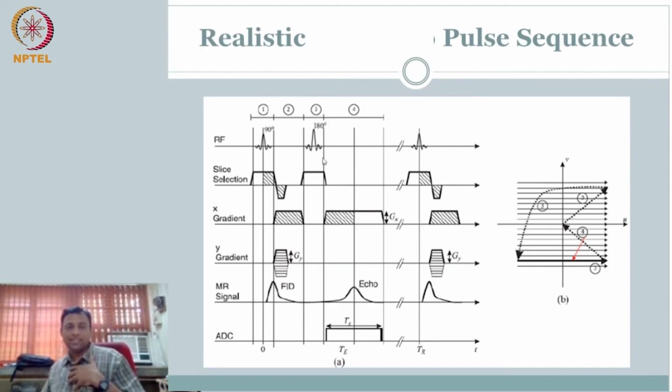Therefore this echo is a spin echo. Everything else is the same, right? A realistic spin echo pulse sequence. I hope you will do the same exercise of seeing how you go through 1, 2, 3. Do you understand your travel path? This is something that you need to repeatedly do to get your own appreciation.